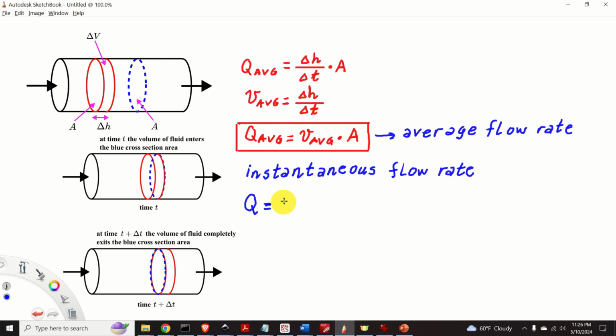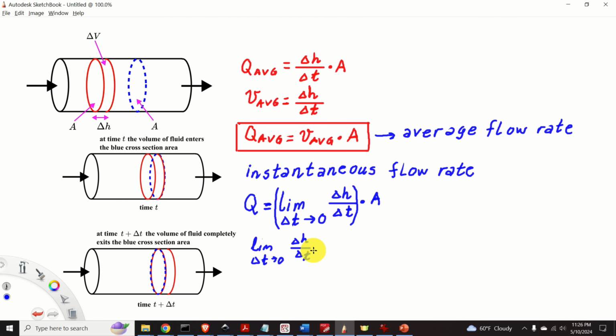That is, Q is the limit value when delta t goes to 0 of delta H over delta t multiplying A. Since A is a constant, this limit will act only on this term over here. Next, let us see what is the limit value when delta t goes to 0 of delta H over delta t.